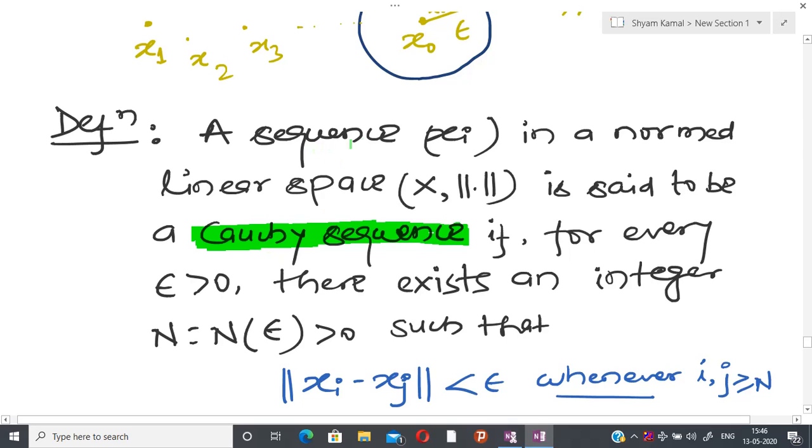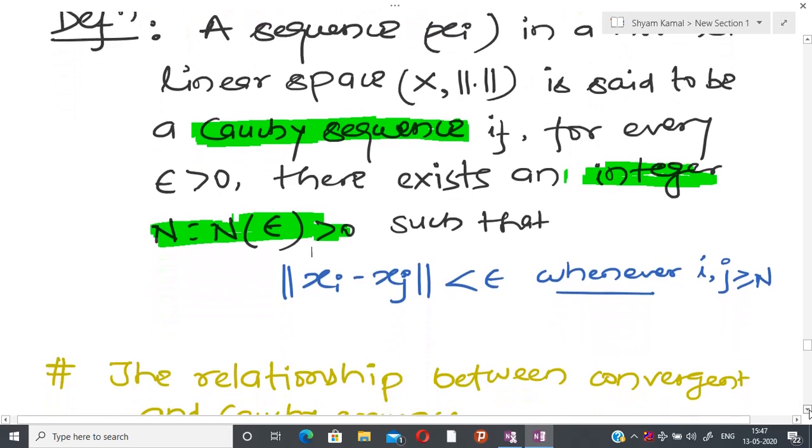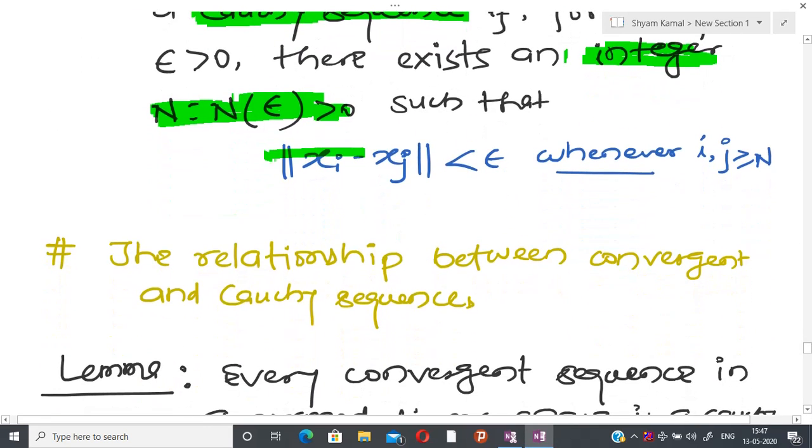We say that a sequence xi in a non-linear space is said to be a Cauchy sequence if for every epsilon there exists an integer, same as in the previous definition, such that this relation is satisfied. It means that if you take any two terms of the sequence, they come closer and closer, arbitrarily close to each other.